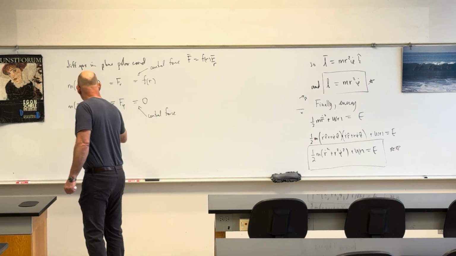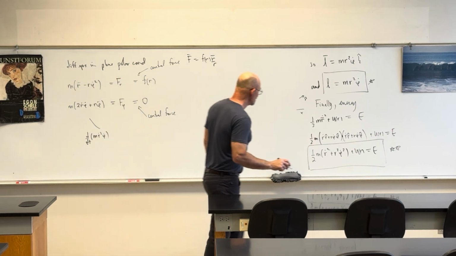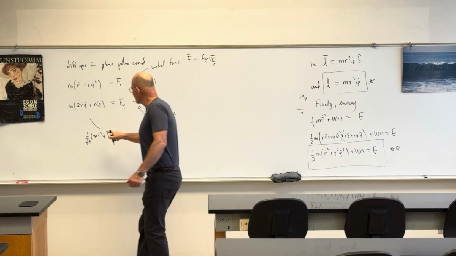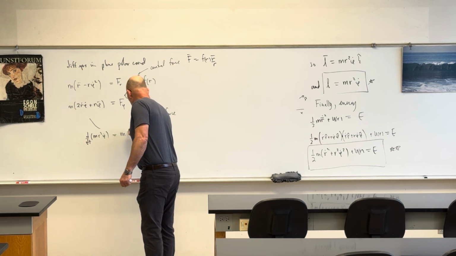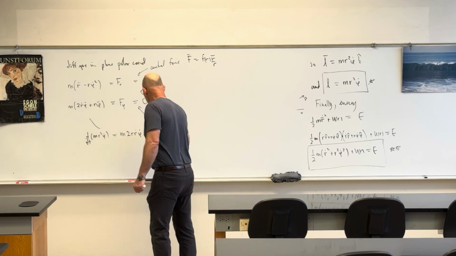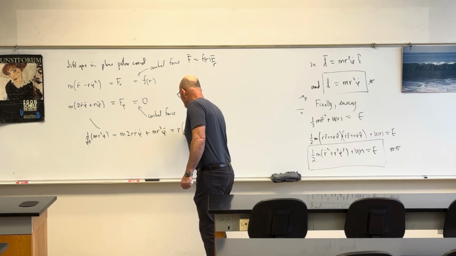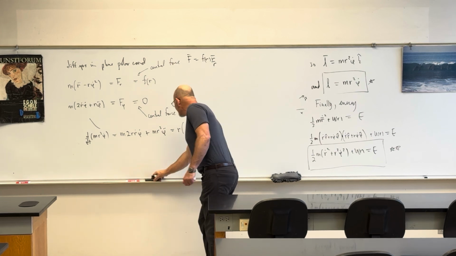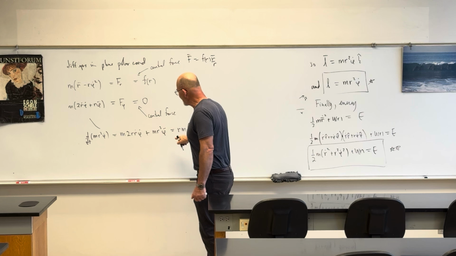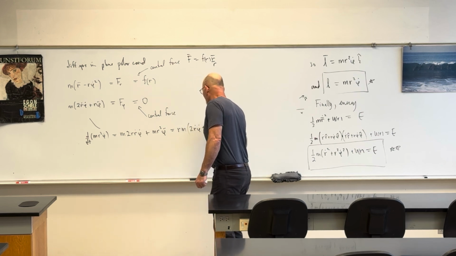And in fact it is. d over dt of m r squared θ dot is equal to, so the complete time derivative, 2 m r r dot θ dot plus m r squared θ double dot, which is r m times 2 r dot θ dot plus r θ double dot.